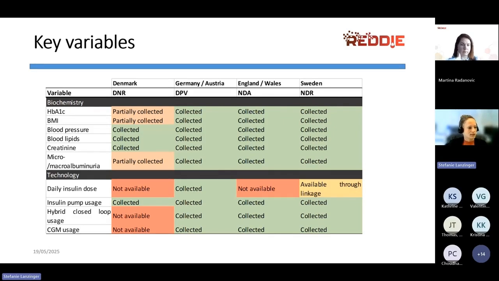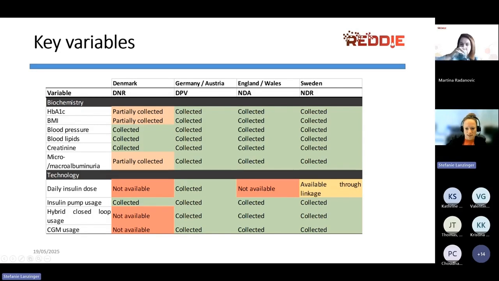So here we see the key variables and also the information whether the respective variable is collected in the respective data sources. So with regard to laboratory measurements such as HbA1c and BMI, this information is collected in DPV, NDA and Swedish NDR, and also partially collected in the Danish registry. Diabetes technology is fully available in the DPV registry and also partially available in the other 3 registries.